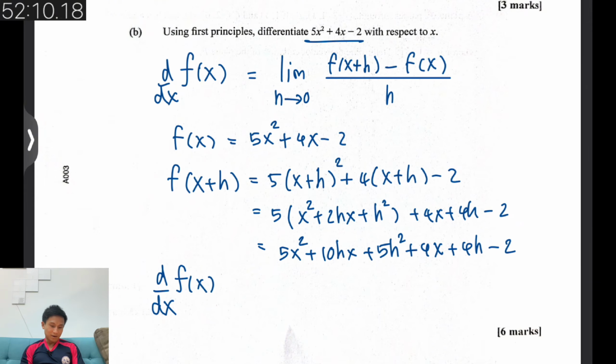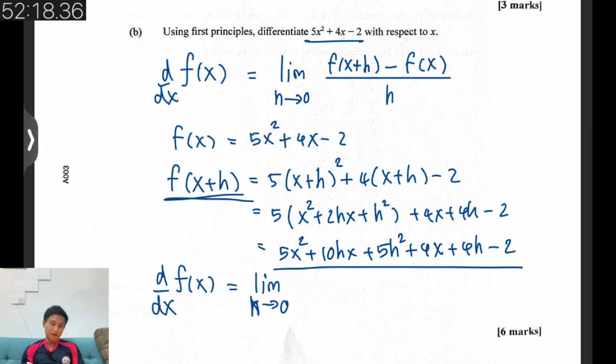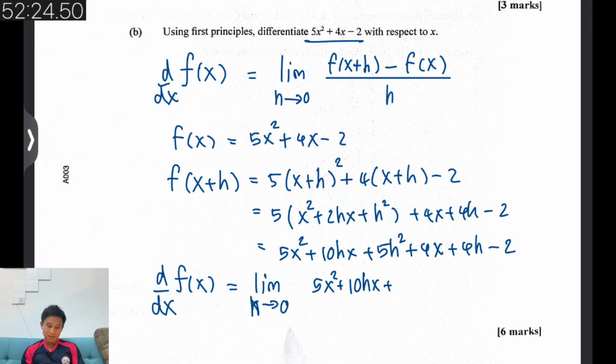So dy by dx of f(x) is going to be, again, the limit as h goes to 0. We put this whole thing as f(x plus h) in the fraction like that, which is a bit much, but we need to do it.